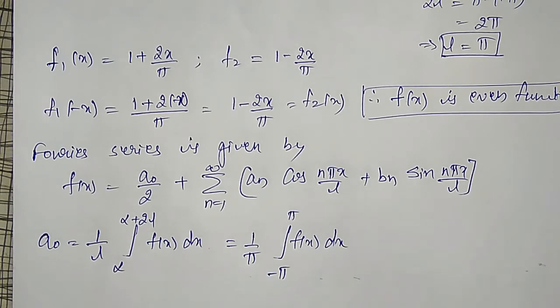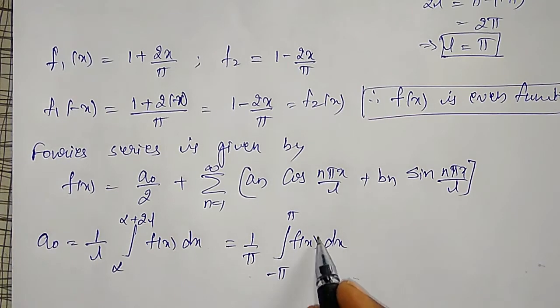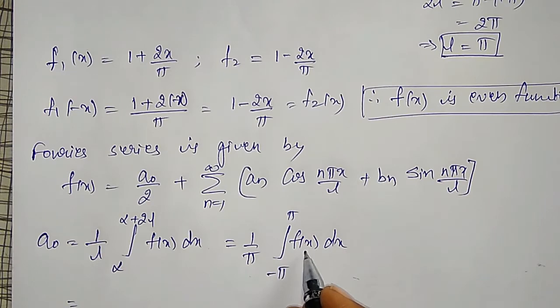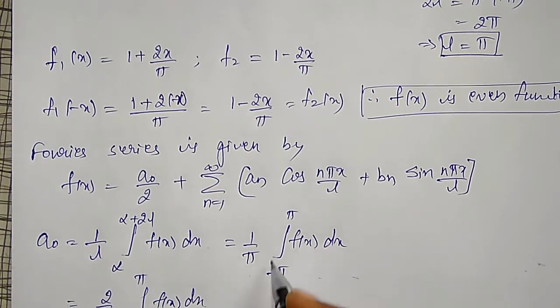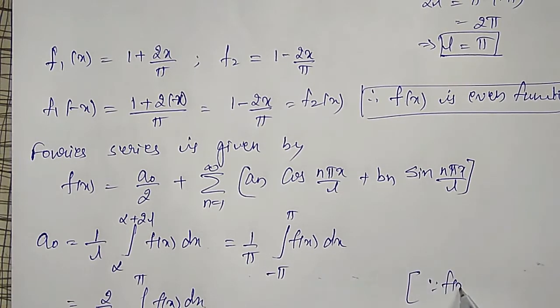And directly I can write this is equal to 2 times, correct? As f of x is an even function, I can write it as 2 by pi integration from 0 to pi f of x dx, since f of x is an even function.